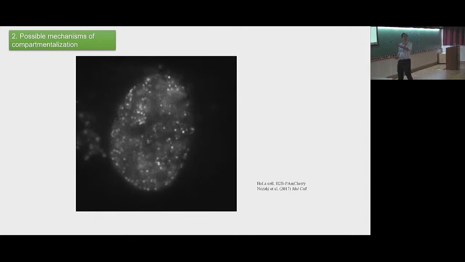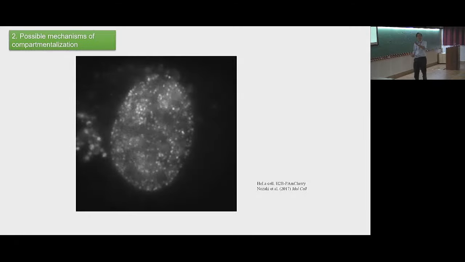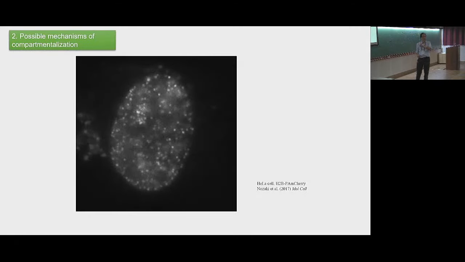So we can distinguish individual single nucleosome movement in this picture, because lots of densely distributed nucleosomes are in the nucleus. We cannot see all the nucleosomes. So only the very few randomly selected nucleosomes are bright in this picture. And so we can trace the movement trajectory of individual nucleosomes genome-wide.